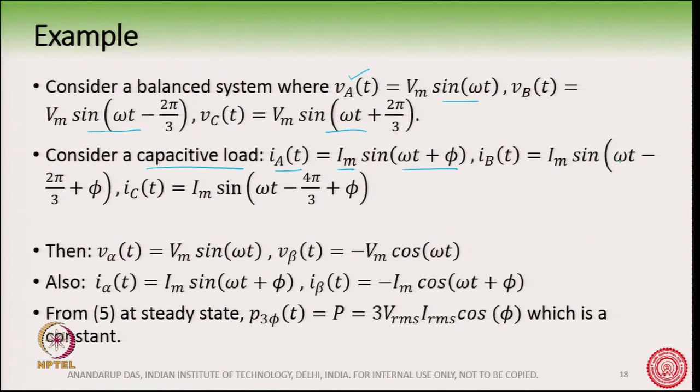Similarly, you have Ib as Im sin omega t minus 2 pi by 3 plus phi, and Ic is Im sin omega t minus 4 pi by 3 plus phi, or I should have written it here omega t plus 2 pi by 3 plus phi, just to make sure, this is the same as this one.